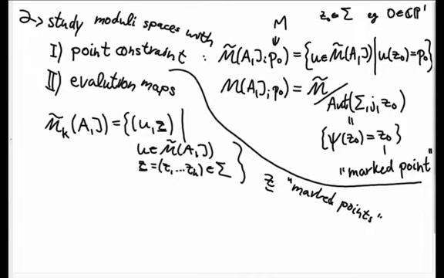And now I have a different action on this space. So my moduli space of pseudoholomorphic curves with mark points will now be the quotient, again, by the automorphism group, but I am going to act also on the mark points.